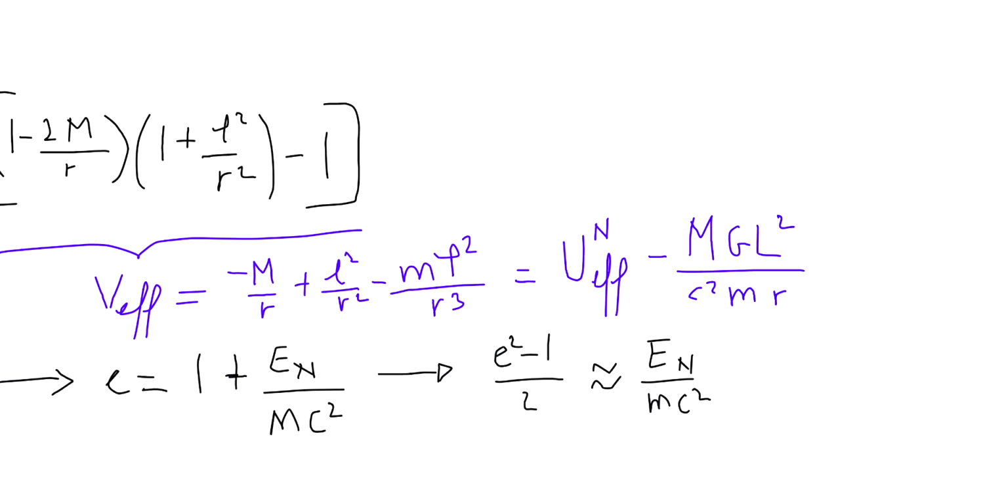So the effective potential we find in GR is equal to Newton effective potential minus m g L squared over c squared m R cubed. We see that it's an attractive term because of the minus in front.